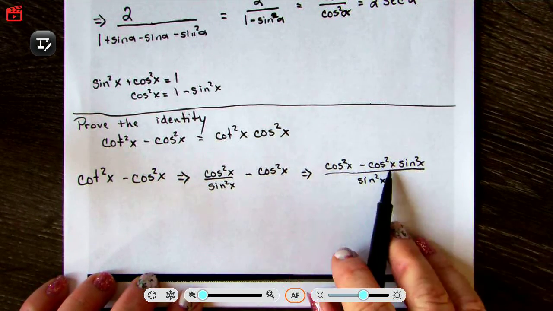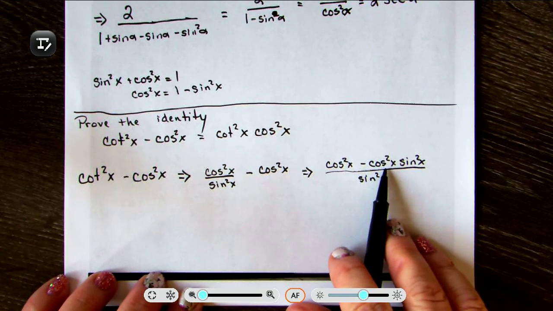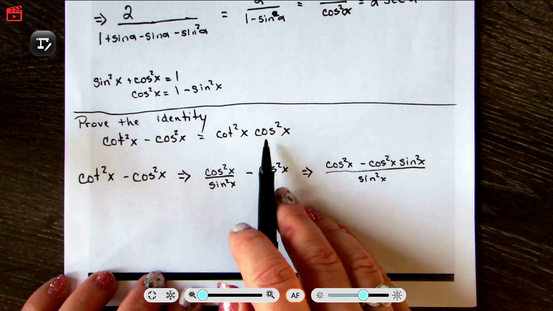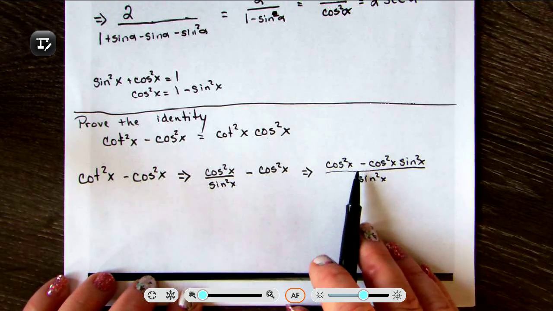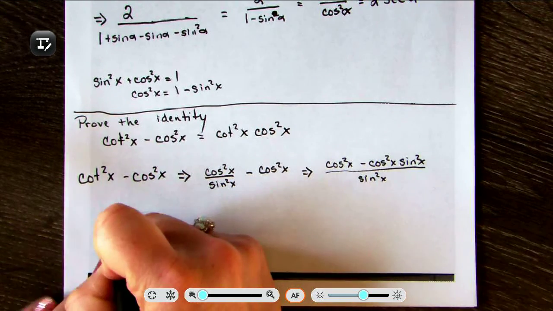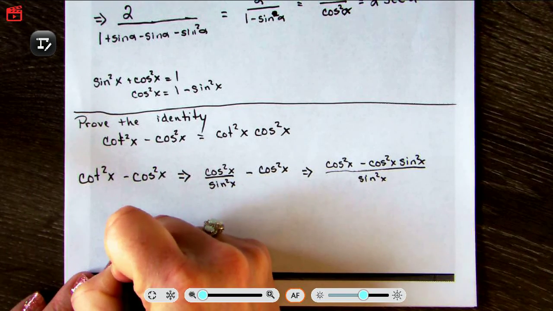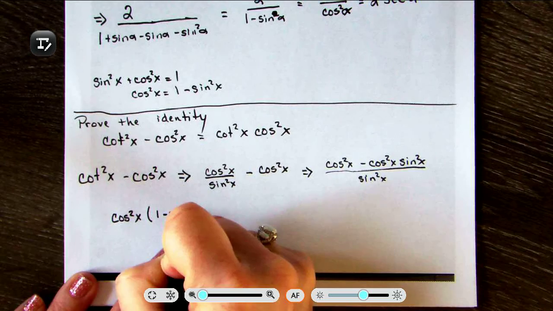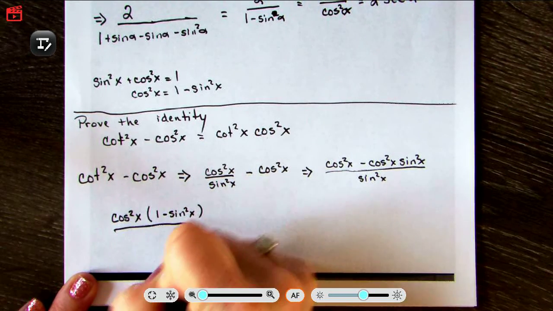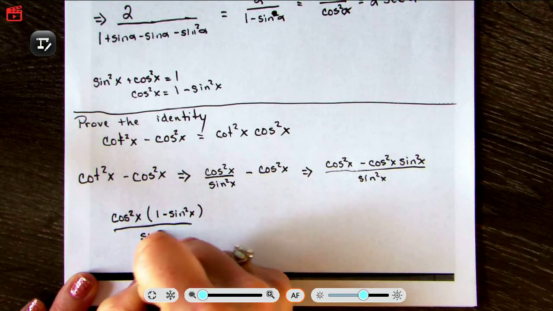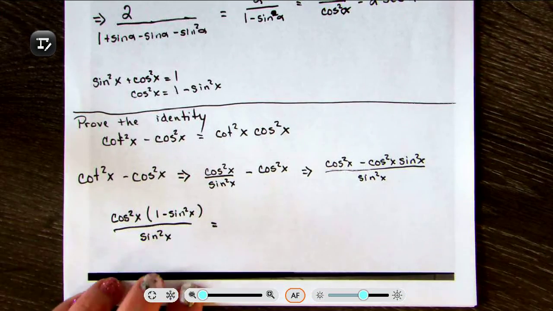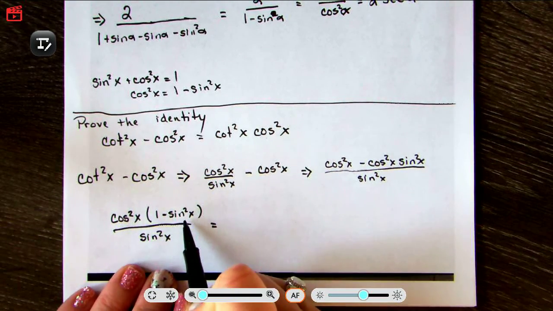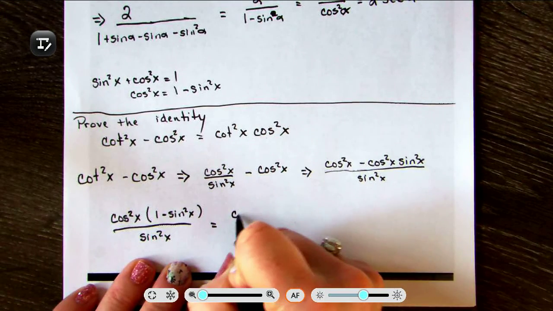So I see that these both have a cosine squared in it. I also noticed that my answer had a cosine squared in it, so that's why I'm going to pull out that cosine squared. And then I'm left with 1 minus sine squared. Okay? And like in the previous problem, this 1 minus sine squared is cosine squared.